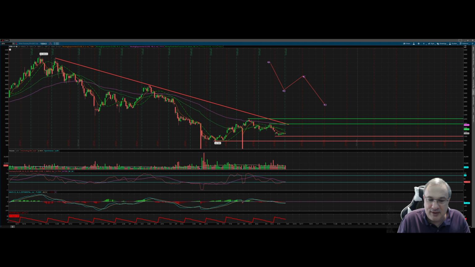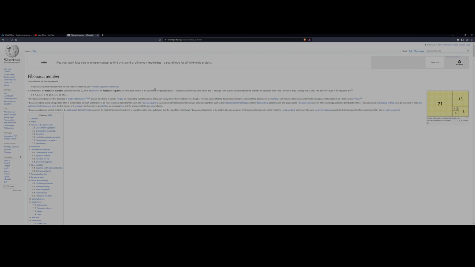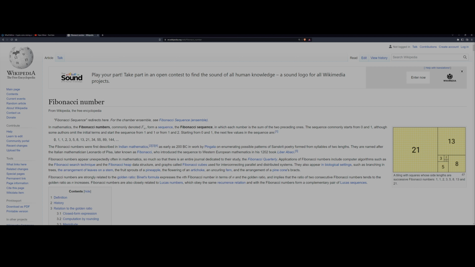And so what I'm going to do here real quick, let's go here in a Fibonacci. Just a quick, what is a Fibonacci sequence, okay? So you start with 0. 0 plus 1 is 1. 1 plus 1 is 2. 2 plus 1, so you take the next number in the sequence, right?